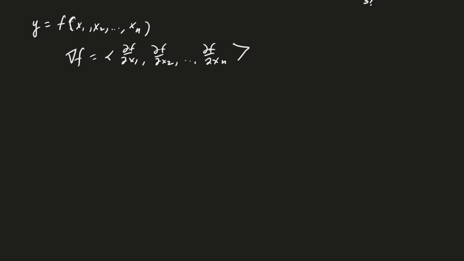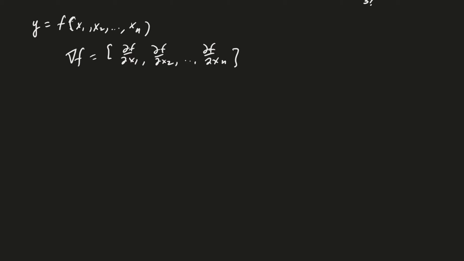I'm having my Calc 3 flashback and using angle brackets. But you can think of this as a row vector, or actually a column vector. It's not going to matter as long as you're consistent in your linear algebra. So I'll go ahead and use the angle brackets like calc for now. I don't know if I did that in the notes or not. Probably not. I think I just used square brackets.